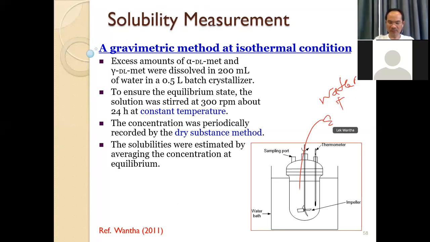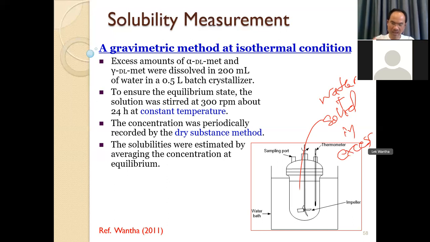We add solid in excess. We add more and more solid inside the reactor, and we know the amount of water and the amount of solid. Then you mix them together, and when you start to mix, you take a sample.